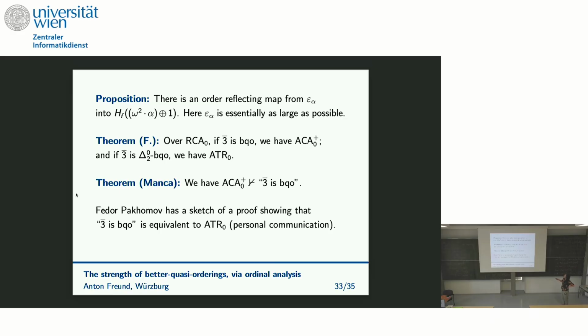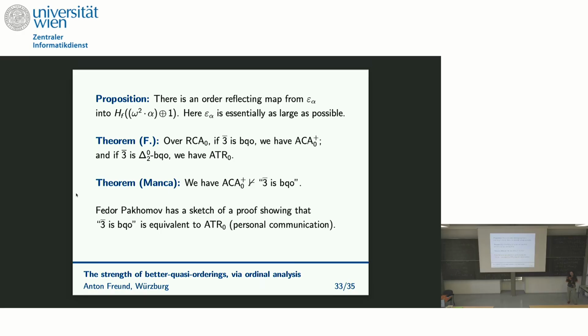Then you learn that from finite better-quasi-orders. And then also in the first part, I mentioned this notion of delta 02 better-quasi-order. So better-quasi-orders could be defined via continuous functions, and if you relax that a little bit and admit delta 02 functions, then you get a notion that is equivalent over strong systems, but not necessarily over weak systems.